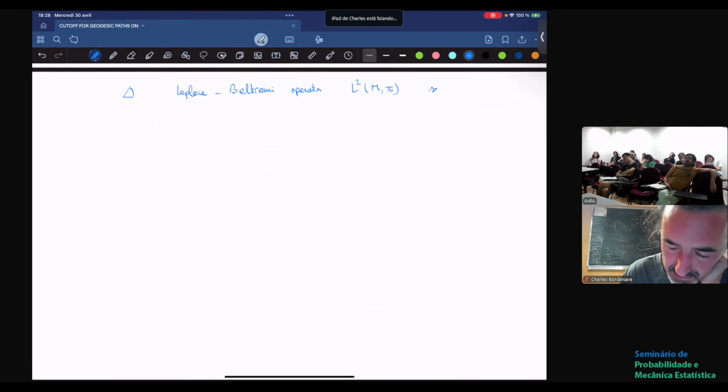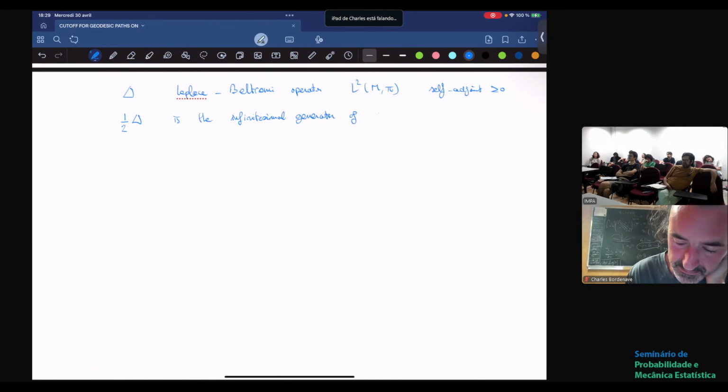It is self-adjoint, and more than that, it's non-negative. I will not write the definition of the Laplacian in terms of coordinates because it's not very informative. Since it's a probability seminar, what I can tell you is that the way I normalize it, 1/2 of the Laplacian is the infinitesimal generator of the Brownian motion B_t on the manifold.